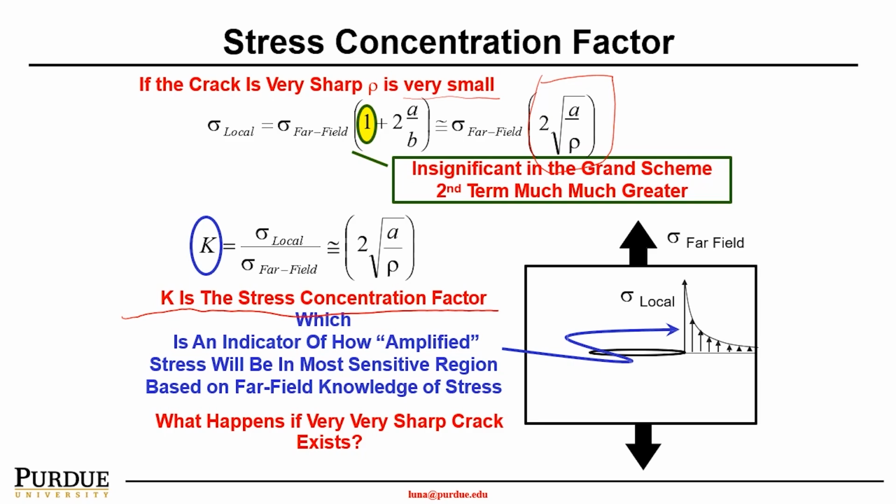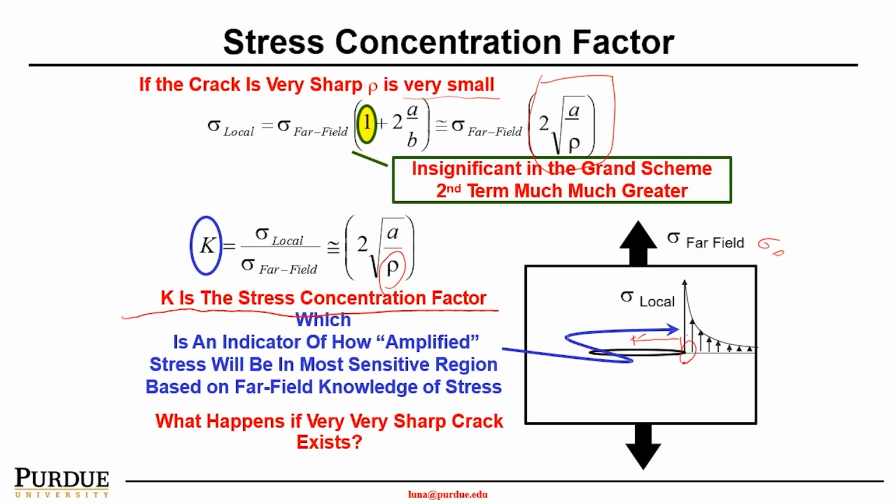K is equal to sigma local divided by sigma null, or sigma far field, which equals 2 square root of half the crack length divided by the radius of the crack curvature. That means how many times the far-field stress has been magnified at the tip of the crack.